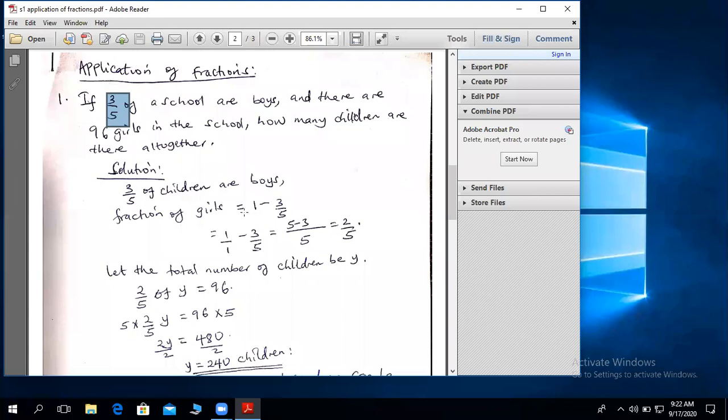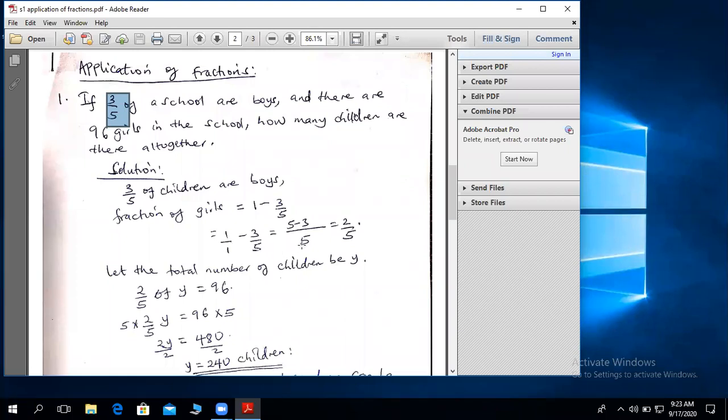So 1 can also be made to be 1 out of 1, because 1 out of 1 is still 1. So when I make it 1 out of 1, I'm going to get 1 out of 1 minus 3 out of 5, which gives me the LCM of 1 and 5 is 5. Now 5 divided by 1, the answer is 5 times 1, it still remains 5.